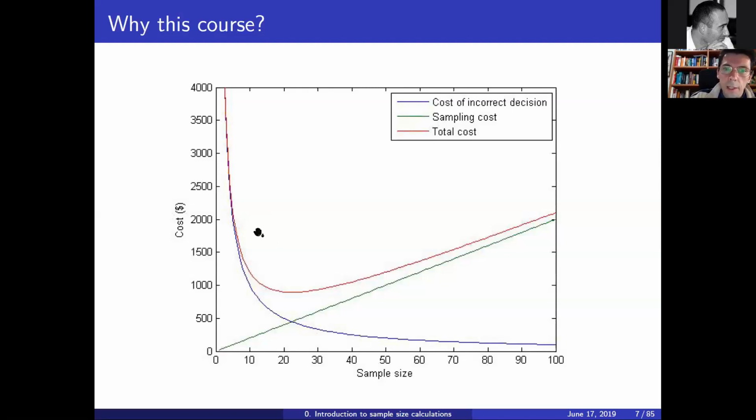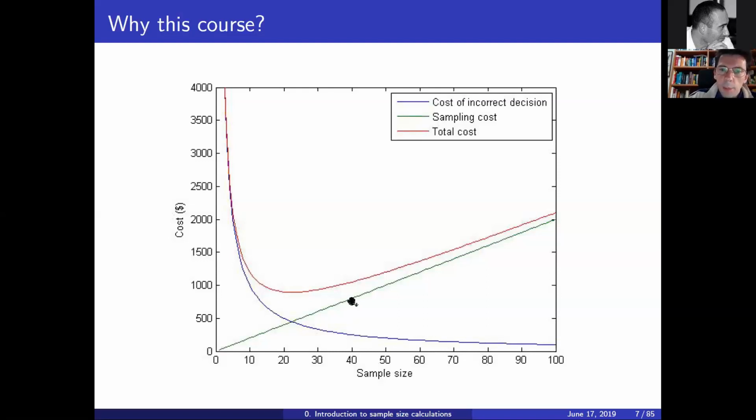So the more animals you have, the lower the probability that you take an incorrect decision. If you use really many animals, like 100, you are almost sure that you are seeing the real effect of your treatment.